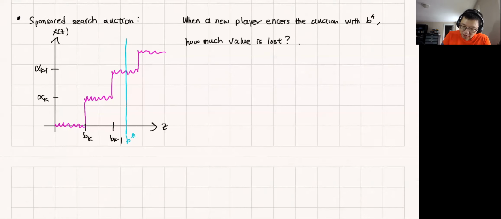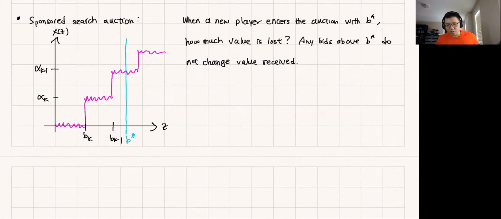So any bid above B star does not change the value received.